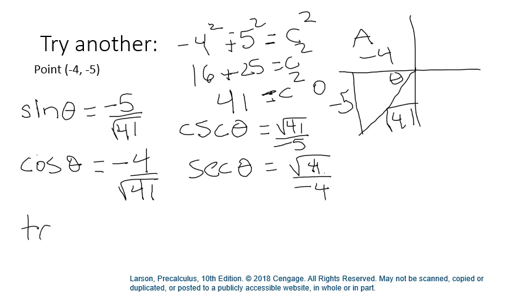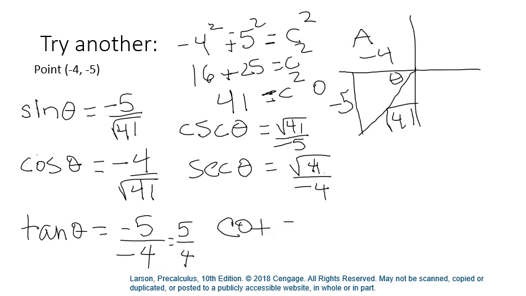And we can do tangent, which is O over A, which is positive. So that's interesting. Tangent's positive there. And cotangent is going to be the reciprocal. So that's interesting information, that sine and cosine are both negative here, but tangent is positive.